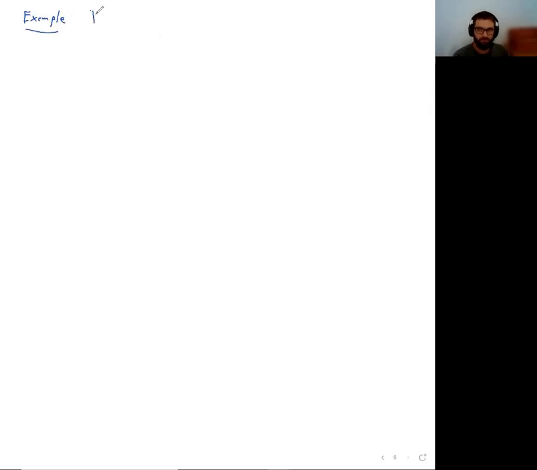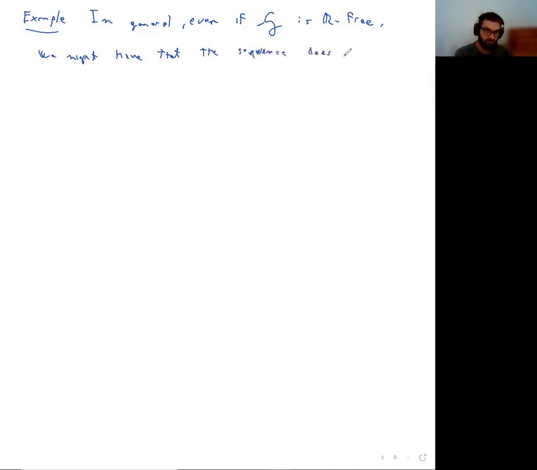Let's look at an example, and that is again one of those minefield things. Even if G, in the exact sequence F, E, G, is R-free, we might have that the sequence does not split.